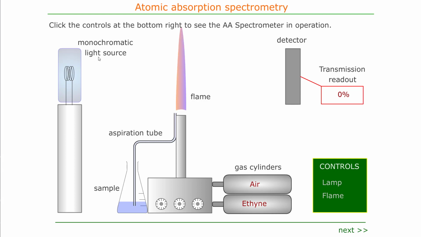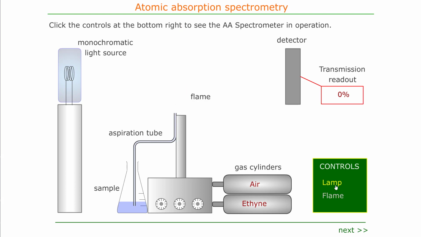the monochromatic light will in fact have wavelengths removed from it corresponding to the wavelengths of the excited electrons. If we turn the lamp on, without the lamp, of course, there's no readout.